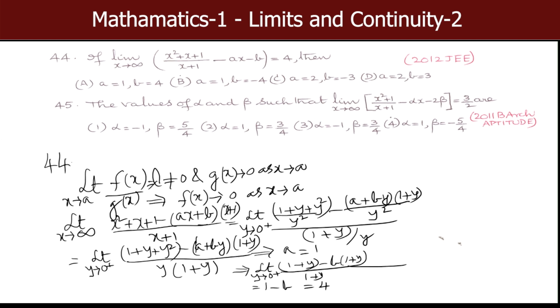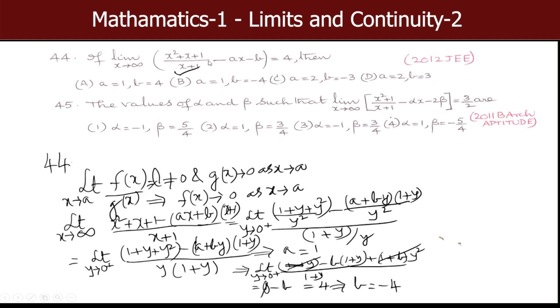So, 1 and 1 is cancelled, y minus b into (1 plus y) plus y square. Now, as y tends to 0, this is 0, this is 0, this is minus b. So, minus b equal to 4. That means b equal to minus 4.